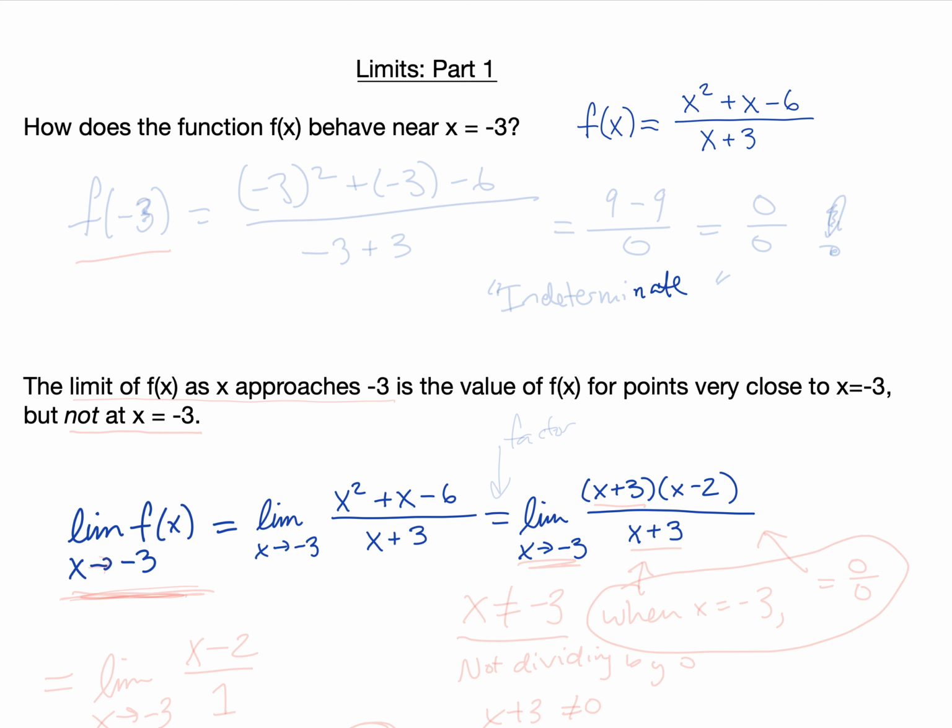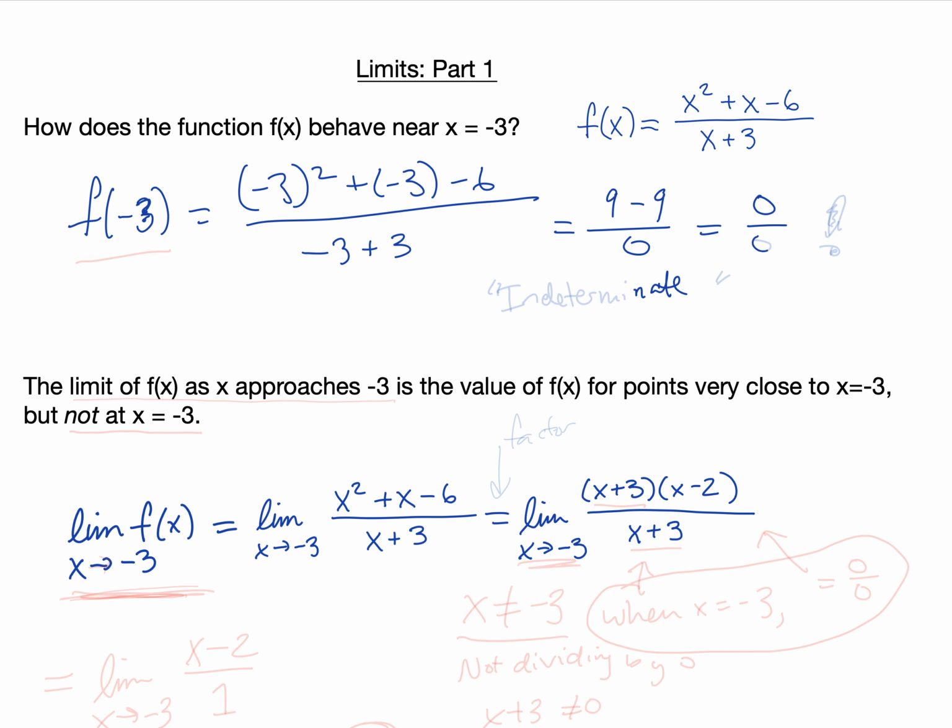So to start to think about that, we could say, well, what is f of negative 3 equal to? So f of negative 3 is negative 3 squared plus negative 3 minus 6 divided by negative 3 plus 3. We could simplify that and see that negative 3 squared is 9, minus 3 minus 6 is minus 9 over 0.